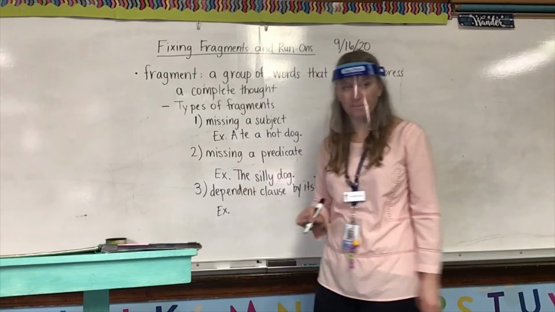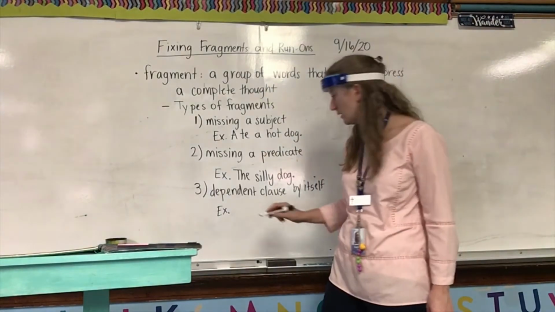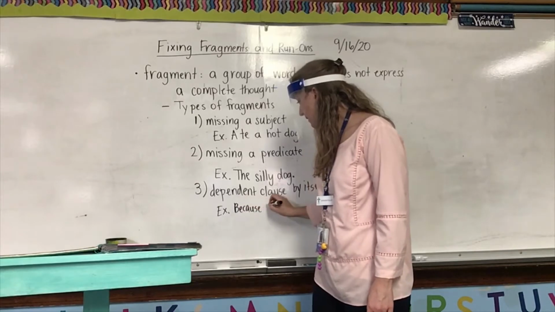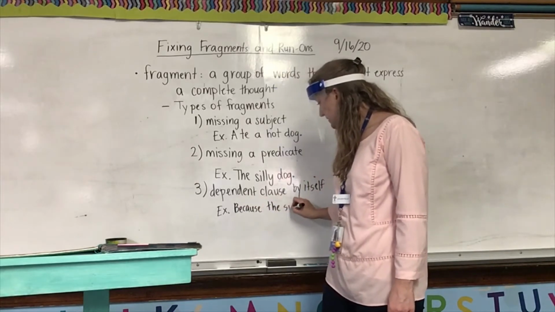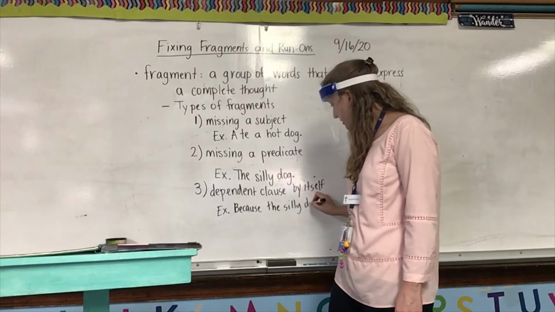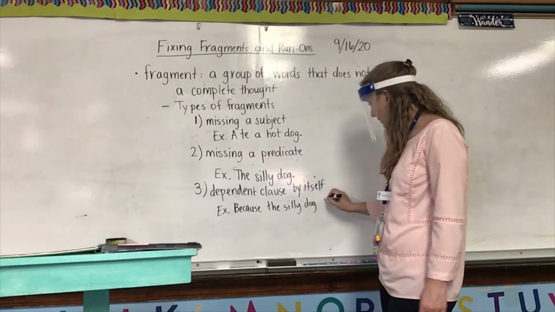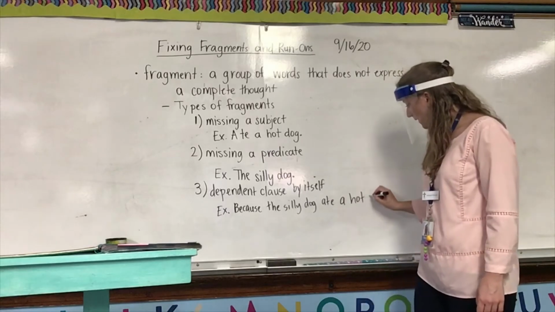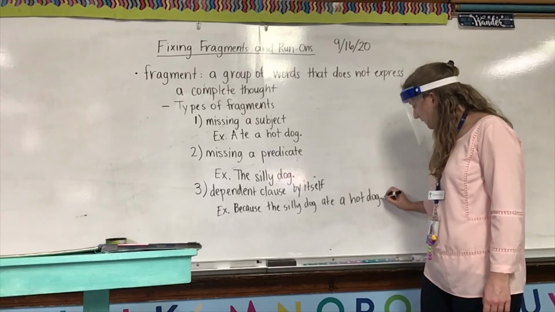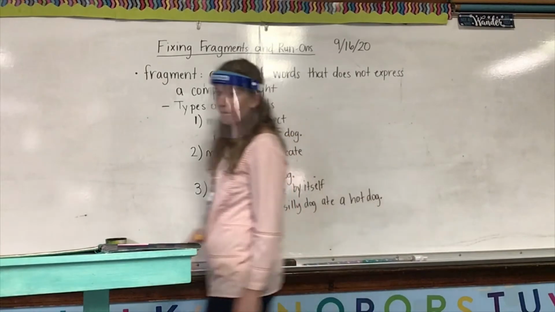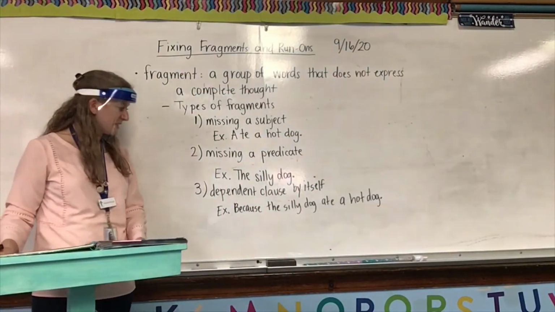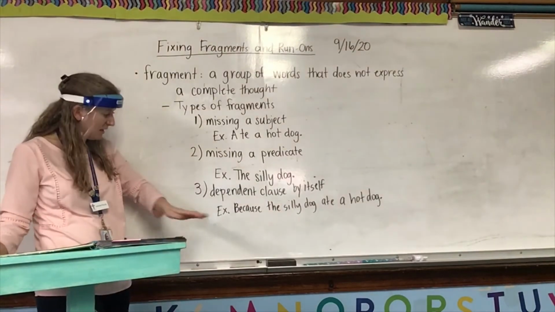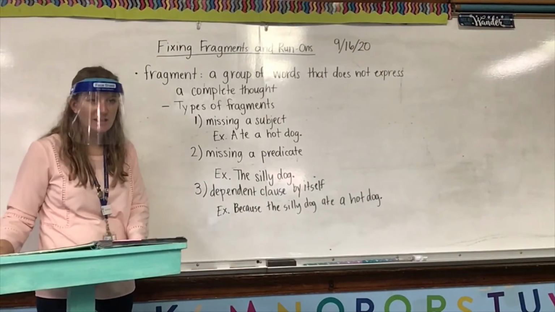For example, because the silly dog ate a hot dog. An example of a dependent clause by itself, that type of fragment, is because the silly dog ate a hot dog.